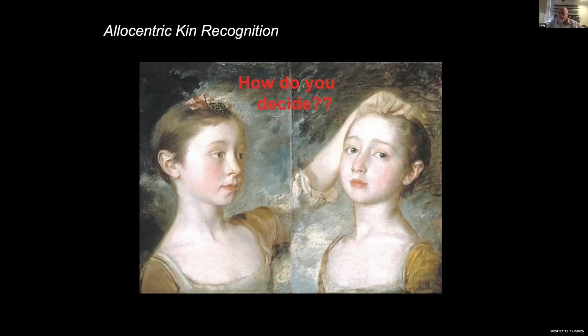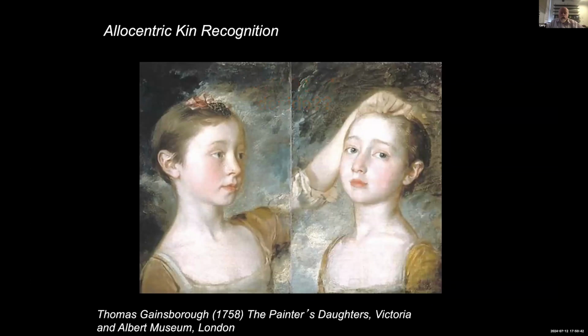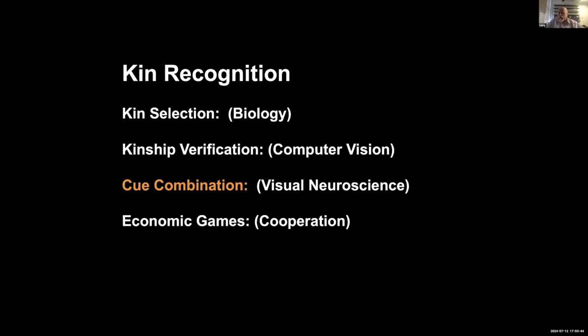And this cuts across a lot of middle vision and even object recognition, higher level vision, as to how you are putting together information potentially from all over this portrait in order to make a decision. Okay. And we've been looking at this for some time.